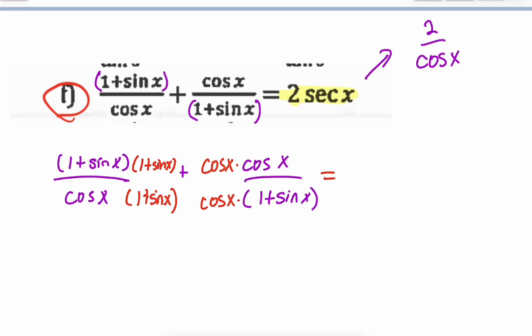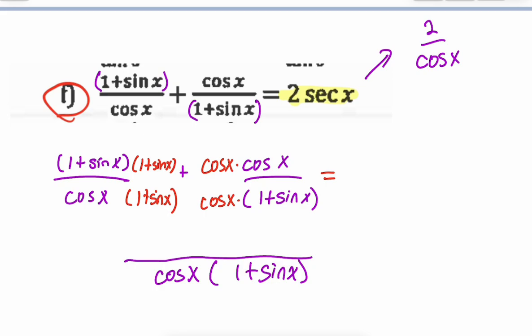Now, since these denominators are so very different, multiplying them through is not to your benefit. Keep referring back to our almost answer. Our almost answer is 2 over the cosine. We want this cosine to stay separated. So my suggestion for our denominators: just leave those pieces separated.